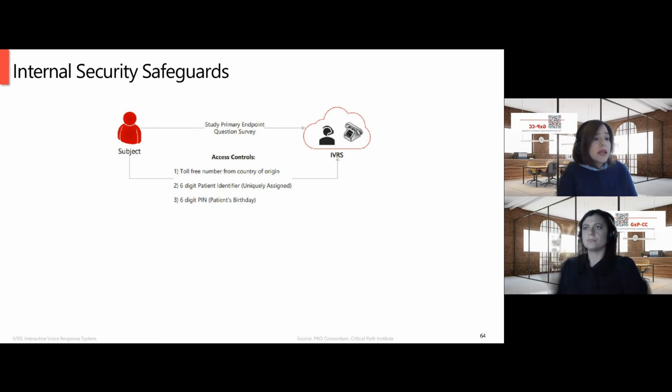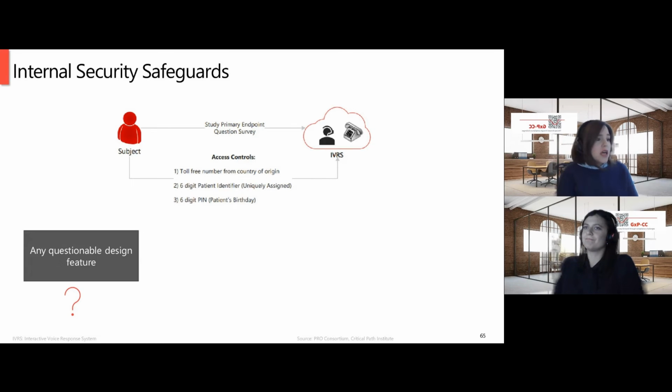They had a uniquely assigned 6-digit patient identifier number that they had to input, and also a 6-digit PIN, which was the patient's birthday. And my new question to you now is whether in this setup there is any questionable design feature that might actually alert inspectors to question the reliability of the study data.